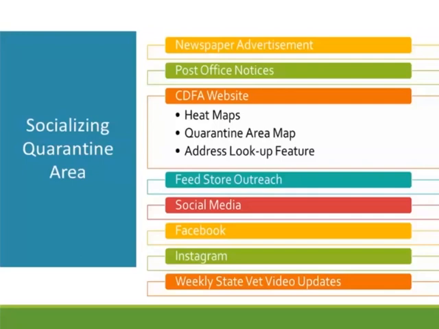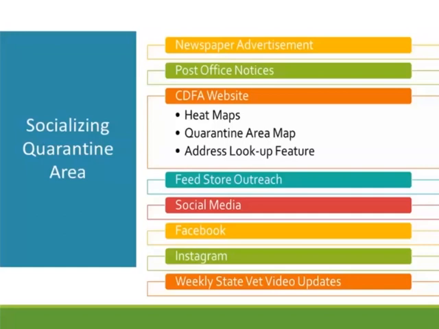And they actually identified all of the zip codes that are currently out or ship in birds. And so the post office was one of the ways that we could get the word out about what the quarantine area is.